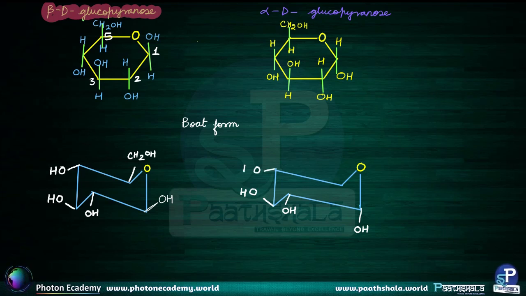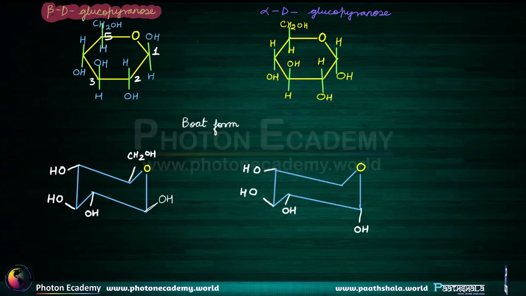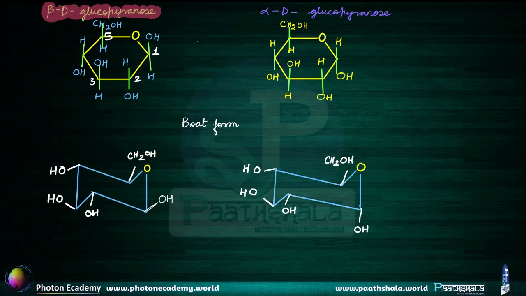The last I'm left with is CH2OH, and since it is also trans to the previous OH that it is joined to, I have this also at the equatorial position. So I have all the groups of my glucose at their various positions.